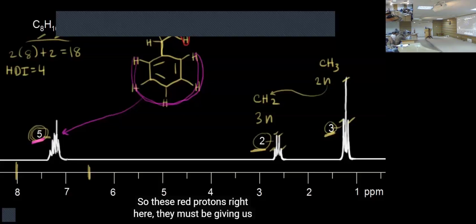Why 3? Because the integration, you already know the integration. Each proton has the ring. How many? The number of protons, looking at the integration.